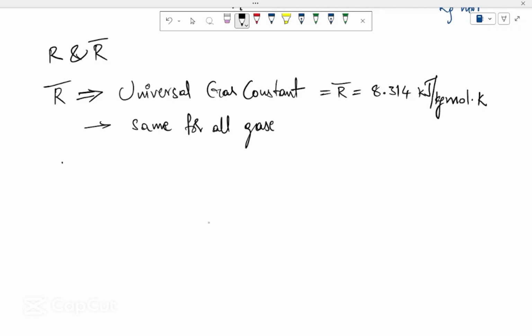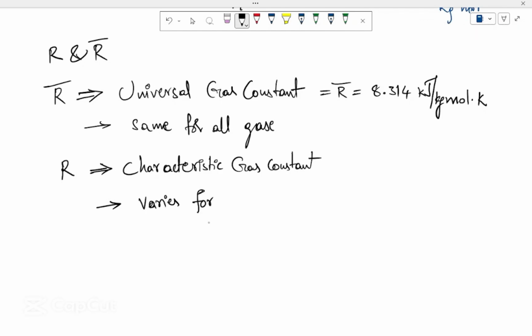Whereas R is a characteristic gas constant, and it will vary for each gas.